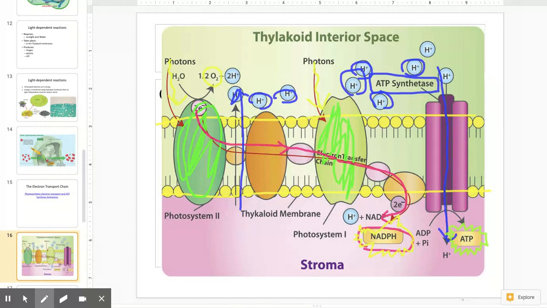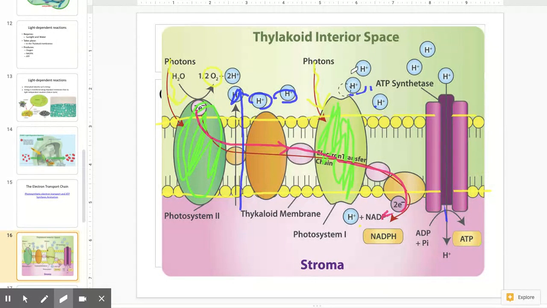So now we have ATP and NADPH that get to go on and provide the fuel for our next reaction, which is called the light independent reactions. So I know it's a little confusing because there's multiple kind of similar sounding words here.